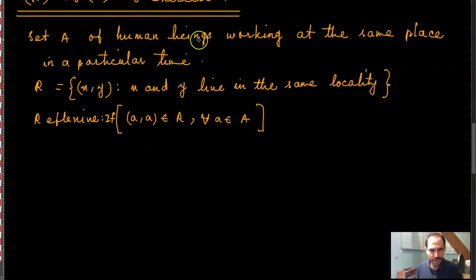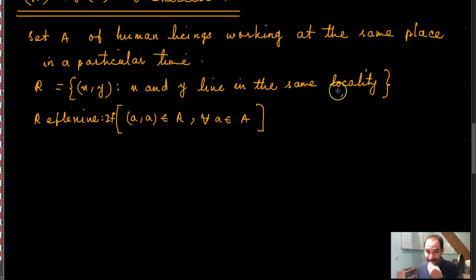Here we are dealing with the set of human beings working at the same place at a particular time, and R is all the ordered pairs (x, y) such that x and y live in the same locality.